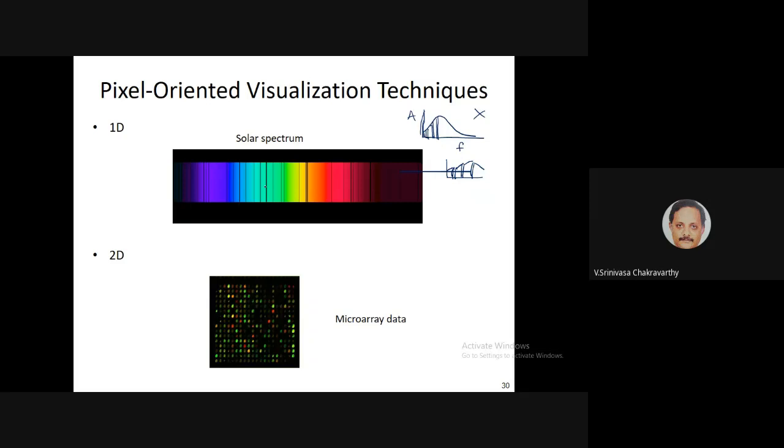Secondly, in this case we are talking about the visible spectrum of the solar spectrum, and the visible spectrum is associated with some colors. So it would be nice to show those colors in the visual depiction instead of just showing it as a graph. So that's what is done here.